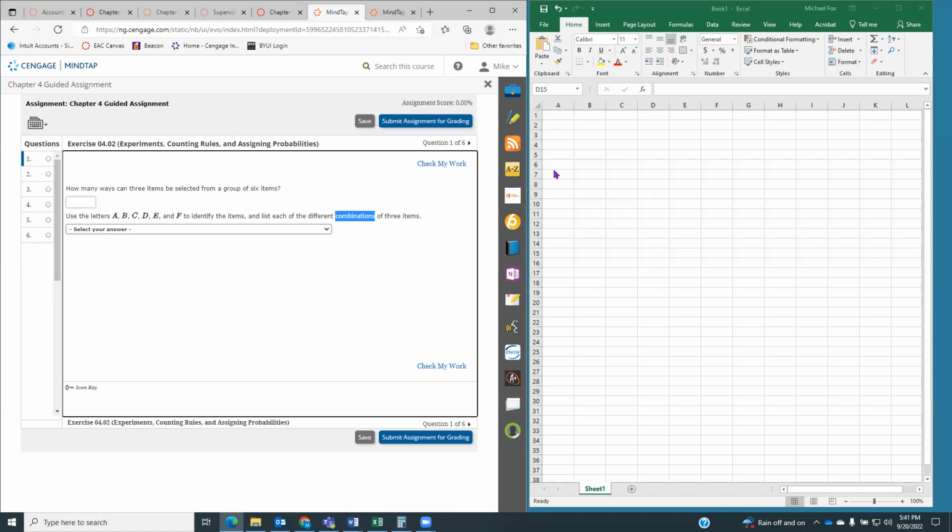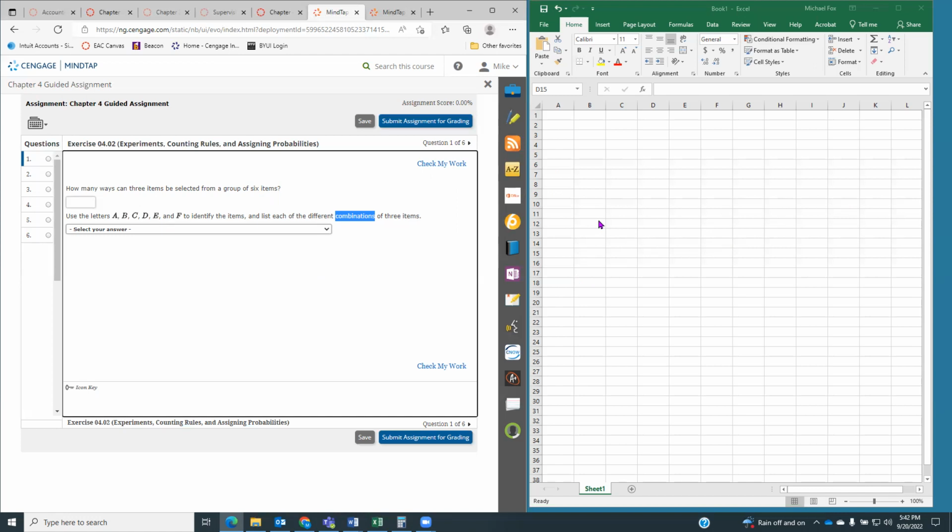If the number is 6, that would be our big N, the number of items. It would be 6 times 5 times 4 times 3 times 2 times 1, divided by little n factorial, which is the number of items you can select, 3 times 2 times 1, times big N minus little n factorial, so 6 minus 3 factorial.